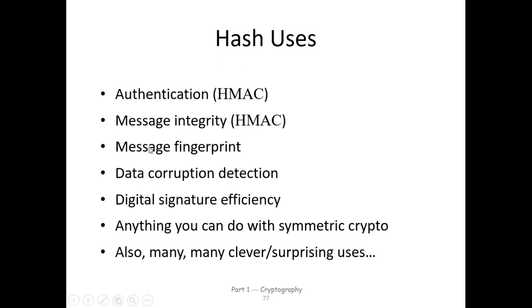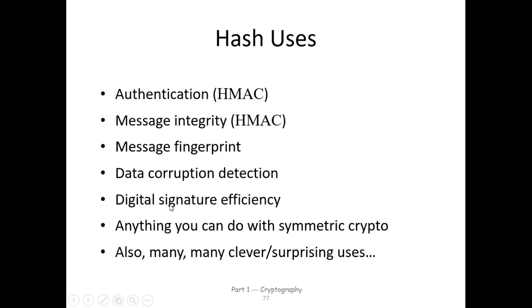Fingerprint in the sense, while sending the data, it is sent with some fingerprint, and it is received with this particular fingerprint recognized by the authorized users. So for all these purposes, hash is used. Then data corruption detection. If any data is corrupted between sender and receiver, such data can also be detected by authorized users.